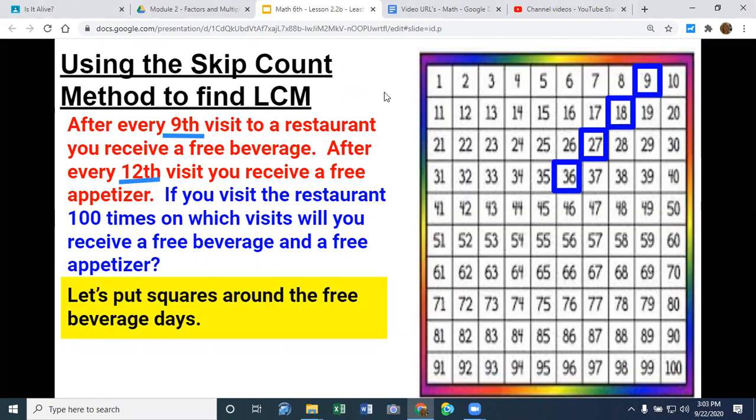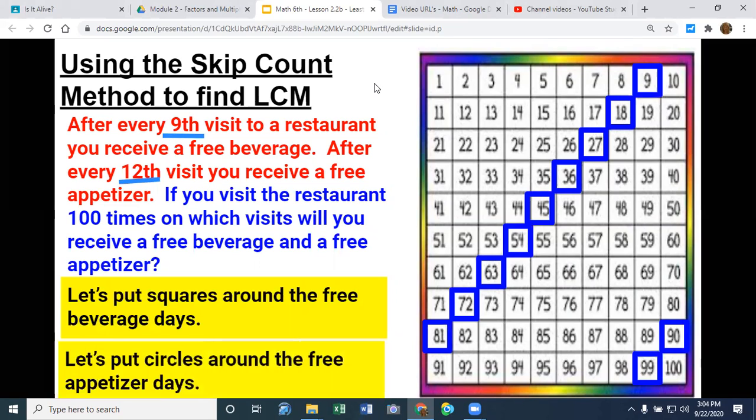After 36, which number will it be? 45. Then 54, 63, 72, 81, 90, 99. And we could keep going if we had more numbers, but we're going to stop at 100.